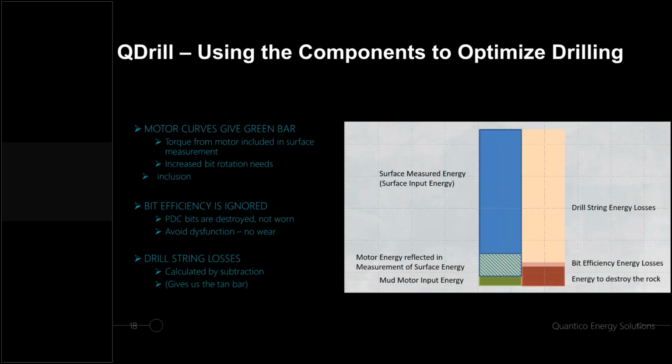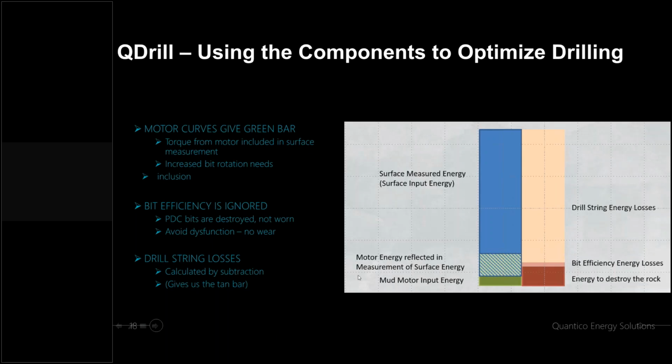Now, if we look at the fundamentals of MSE and UCS, this is a little bit of a deep dive into the physics, but you have sources and uses of energy. The sources of energy are represented by this left column. You have the surface measured energy, which is basically your MSE.